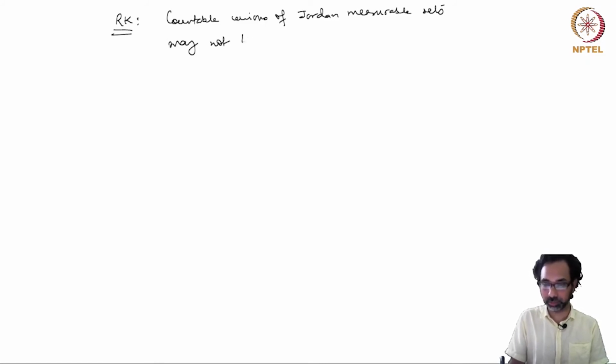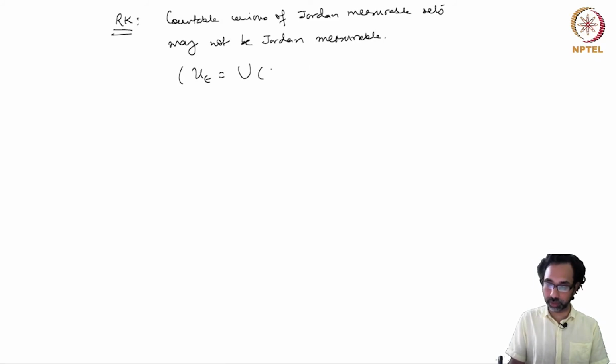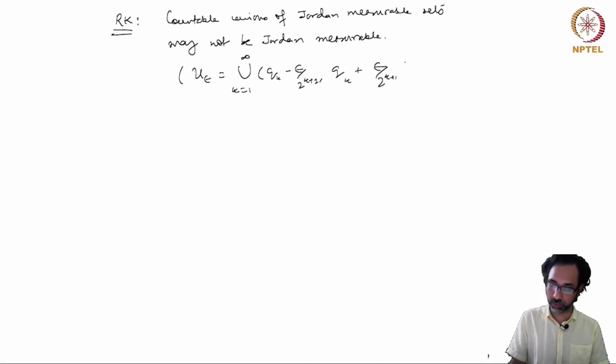We mentioned this before, and with the help of the Lebesgue outer measure we have shown it. In this case, our example was this open set U epsilon, which was a countable union of intervals, k equal to 1 to infinity, (q_k minus epsilon by 2 to the power k plus 1, q_k plus epsilon by 2 to the power k plus 1).